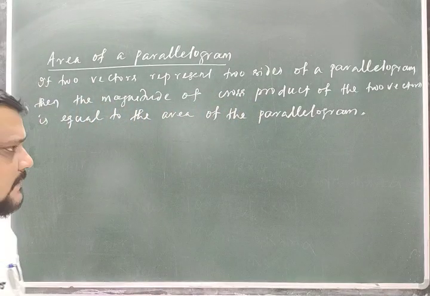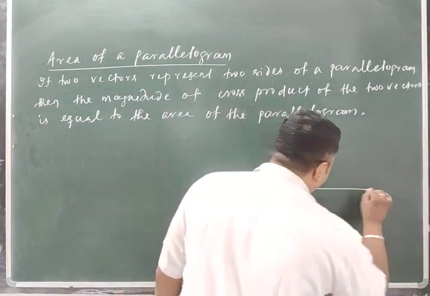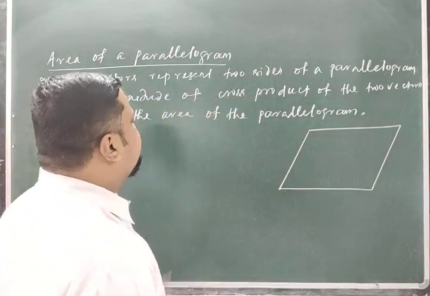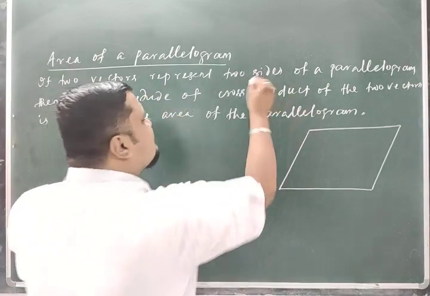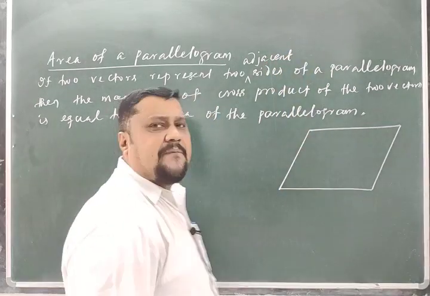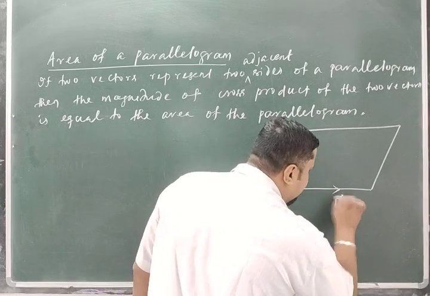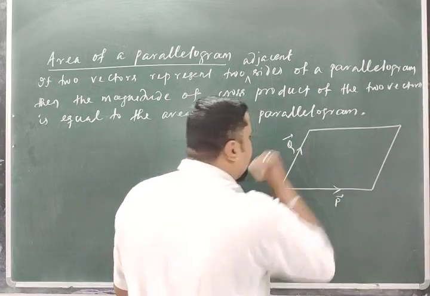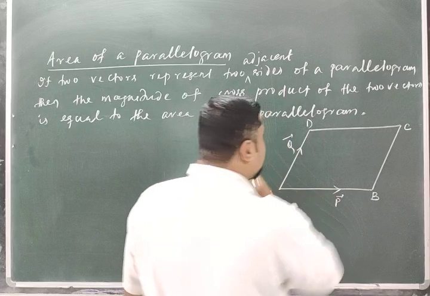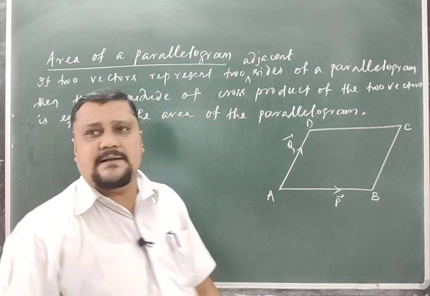We show that. Let me show you a parallelogram. This is a parallelogram. If two vectors represent two adjacent sides of a parallelogram, let us consider the two vectors as P and Q, which represent the two adjacent sides AB and AD of a parallelogram ABCD.